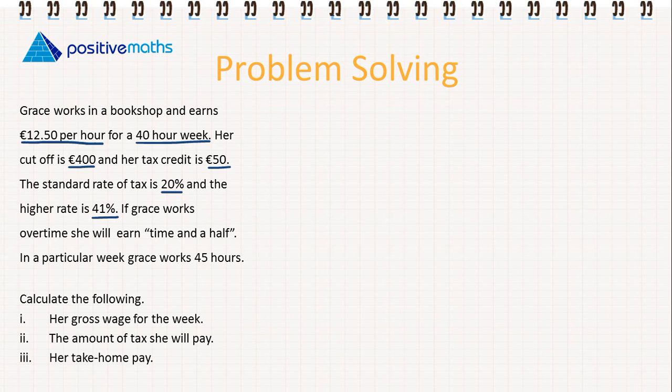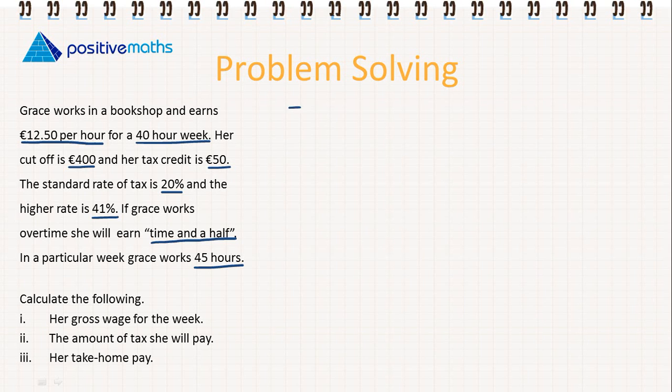The standard rate of tax is 20% and the higher rate is 41%. If Grace works overtime, she will earn time and a half. In a particular week, Grace works 45 hours. So we need to calculate, first of all, her gross wage for the week. Second, the amount of tax she will pay. And then third, her take-home pay.